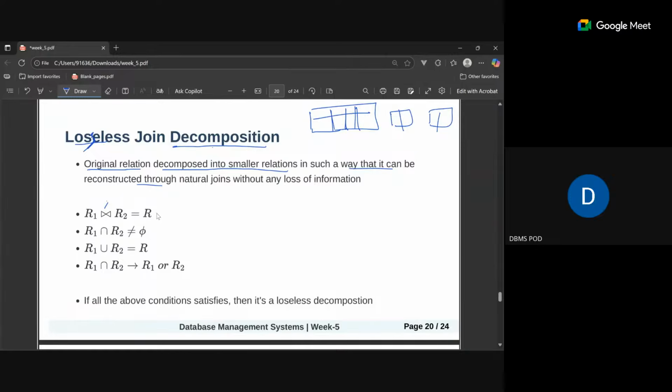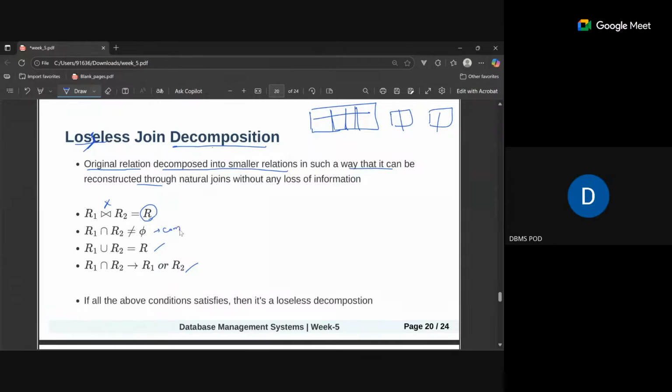The condition for checking lossless join decomposition is for R, R1, R2. The first condition: if you perform a natural join, it should give the original table, and there should be at least one common attribute.